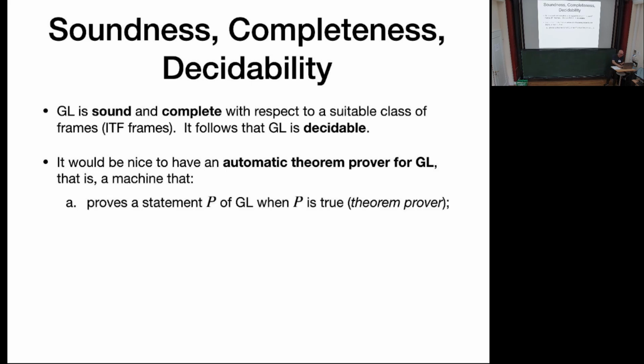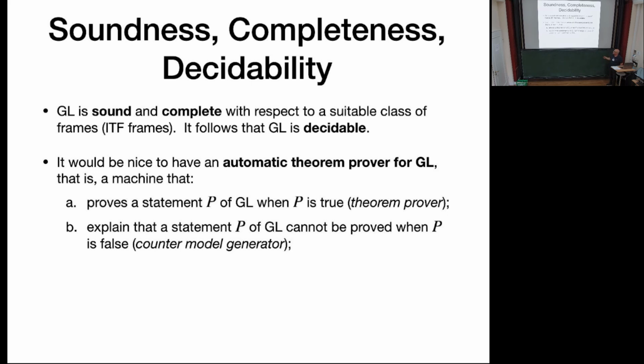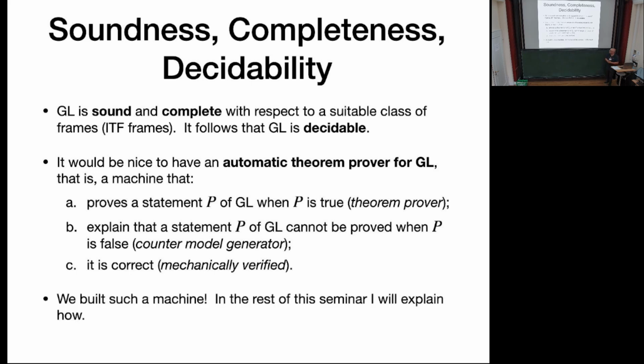That is a machine that, given a true statement P, proves P. Given a statement P which is not true, it gives a reason why: a countermodel in the Kripke semantics, mechanically verified. It's not a program where correctness is extra meta-reasoning, but it is formalized in a theorem prover. And this is what we did, which I'm going to discuss in the rest of this seminar.